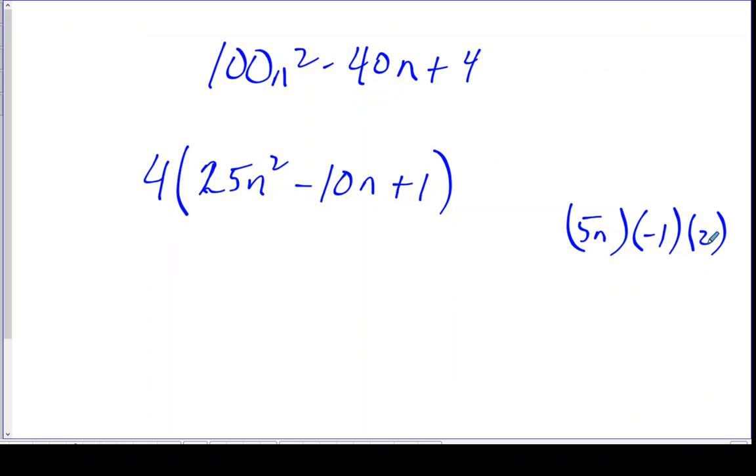Negative 5n times 2 is negative 10n, and that matches the middle term. So we still have a perfect square trinomial. It's just one with 4 factored out. So if I wanted to factor this, it would be 4 times the square root of 25n squared, which is 5n, and the square root of 1 in this case needs to be minus 1, so the factorization would be 4 times 5n minus 1 to the second power.